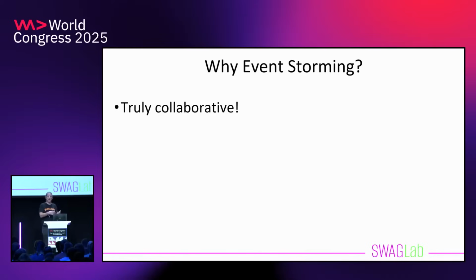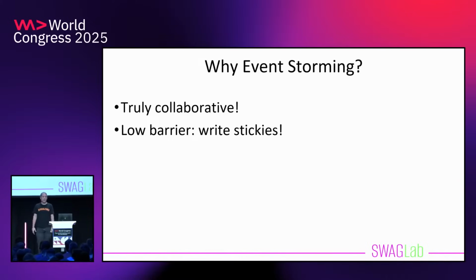There is the term collaborative modeling, and event storming is one of the techniques for collaborative modeling. And the reason why this is something that is truly collaborative is because there is a very low barrier. You just have to write a sticky, and all you have to know is there should be a noun and a verb, and the verb should be in past tense.